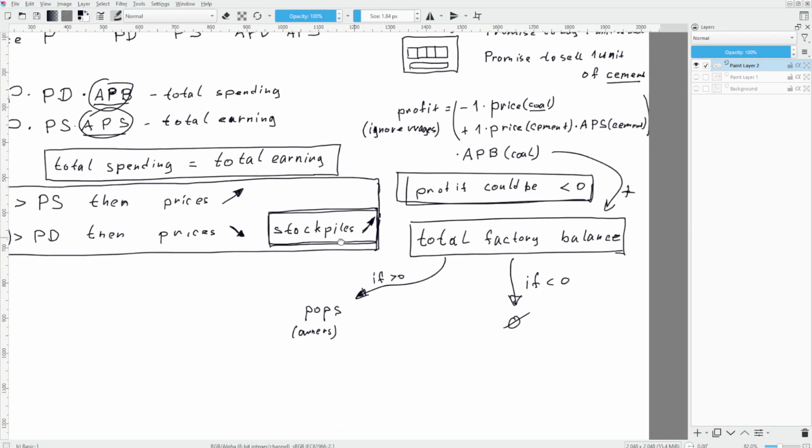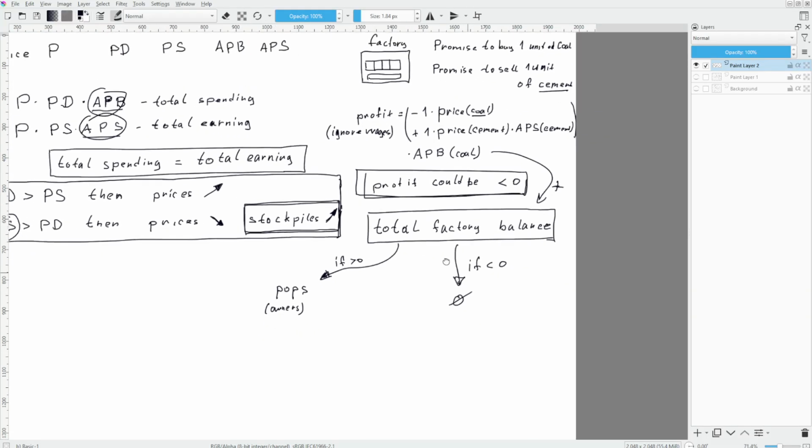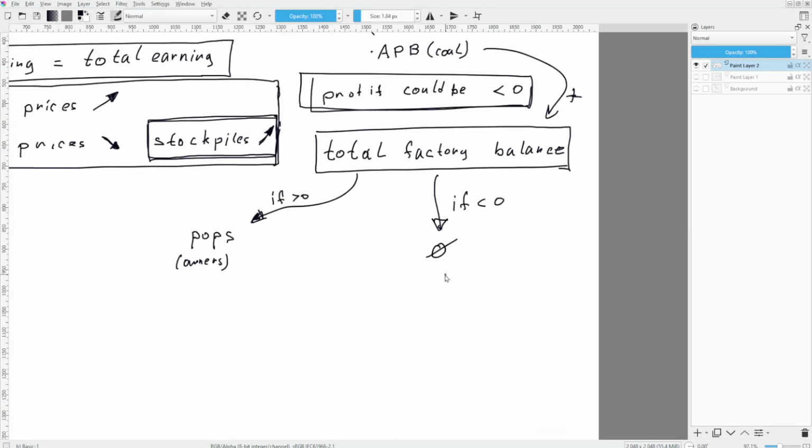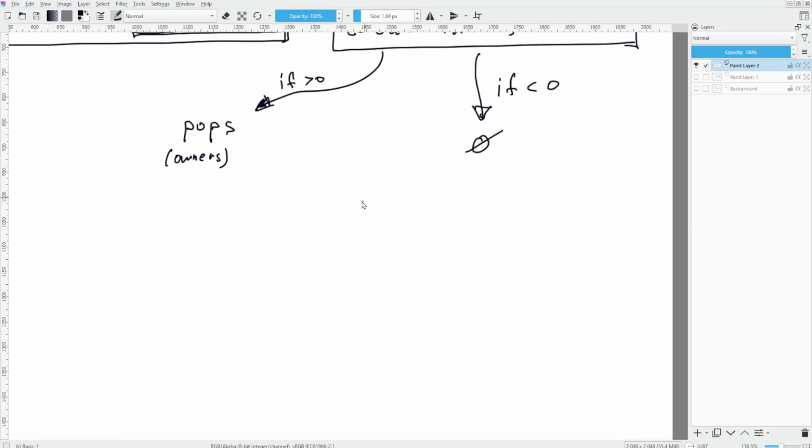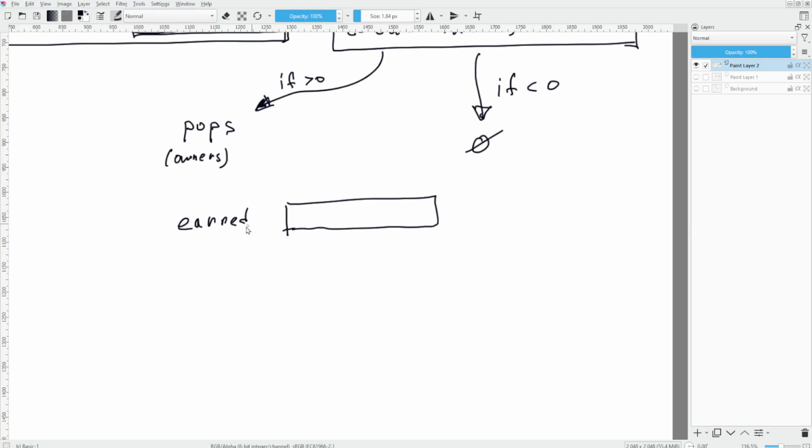It just means that we are indebted to someone. It means we have paid more than we have earned. For example, it is how much we have earned, and we have a certain spent amount.